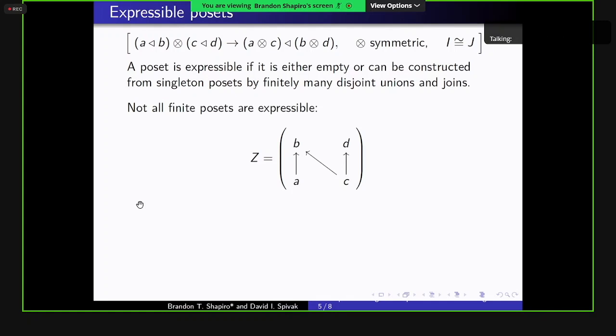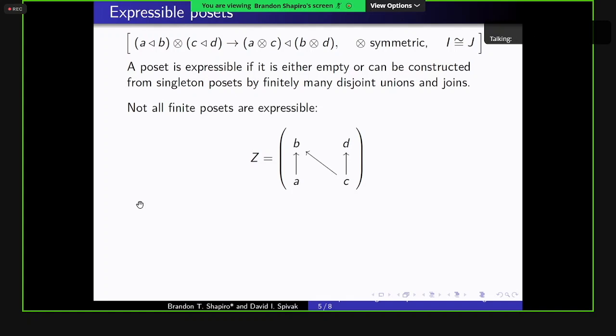If you look at this one here, this zigzag, you can see that if you try any partition of the four elements of this poset, you won't be able to see that it's the disjoint union of them or the join. So it's connected, and any splitting of this into two is not going to be realized as a join. There's going to be some relations missing. For instance, there's no relation between A and D, so it can't be AC join BD.